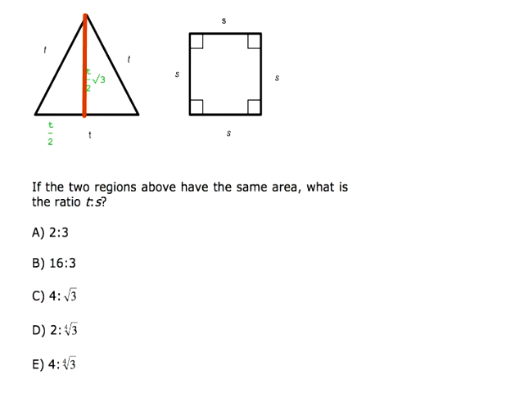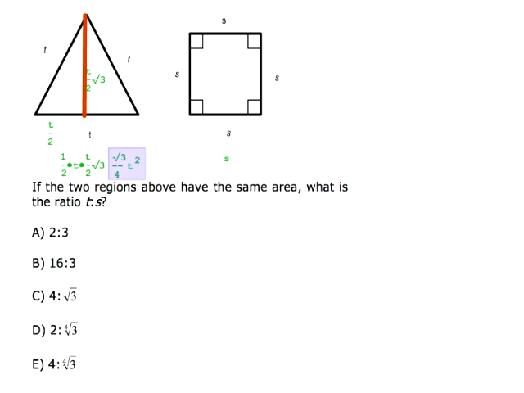And then the area is 1/2 times T times T over 2 rad 3. And then that's going to be T squared rad 3 over 4. So that's the area of that thing.